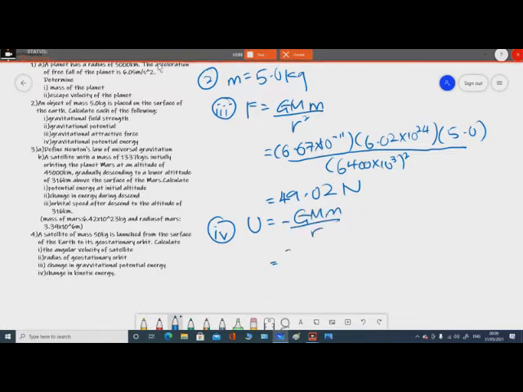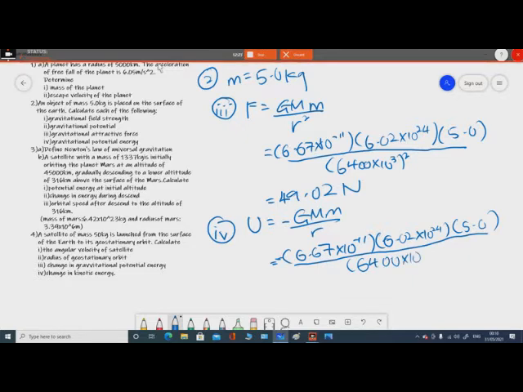So this one is negative, of course, 6.67 times 10 to the power of negative 11, times 6.02 times 10 to the power of 24, times 5.0, divided by 6400 times 10 to the power of 3.